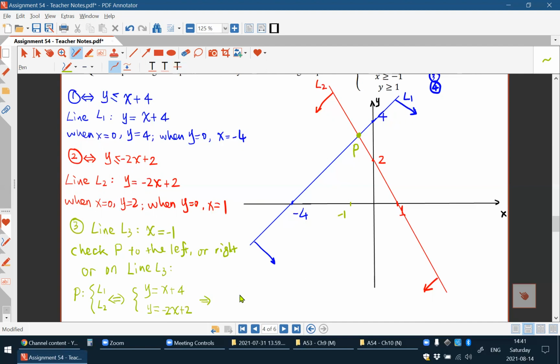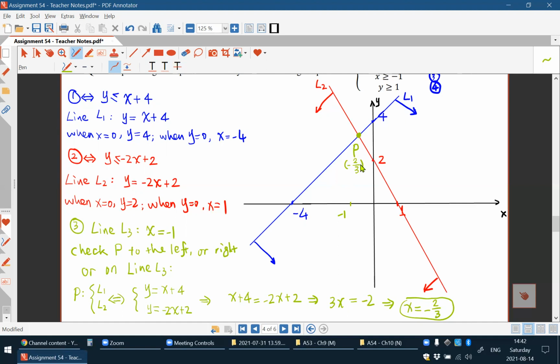This will give us an equation, x plus 4 equals minus 2x plus 2, which can be solved to 3x equals minus 2. And this gives us x equals minus 2 over 3, right? So the x coordinate of point P is minus 2 over 3.